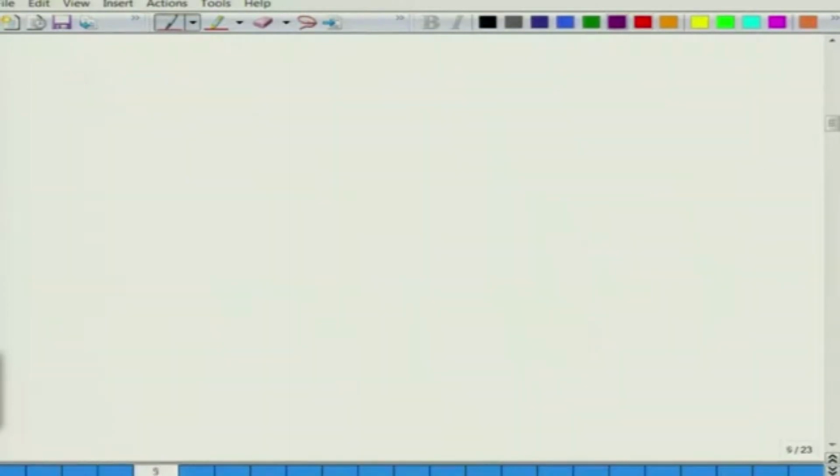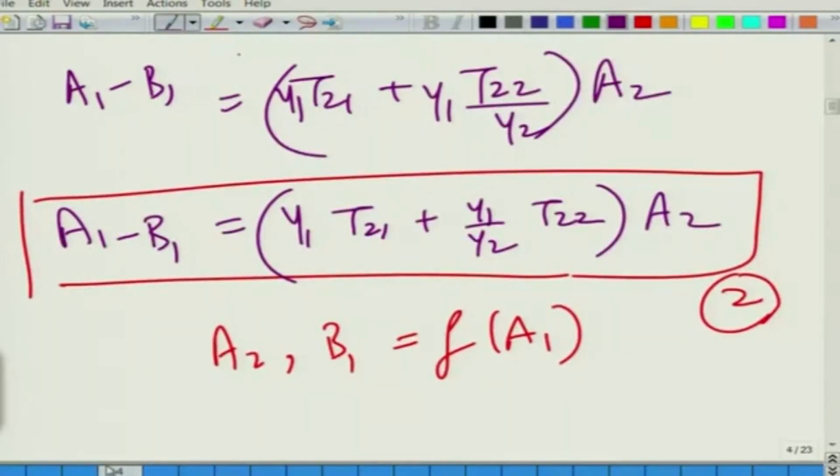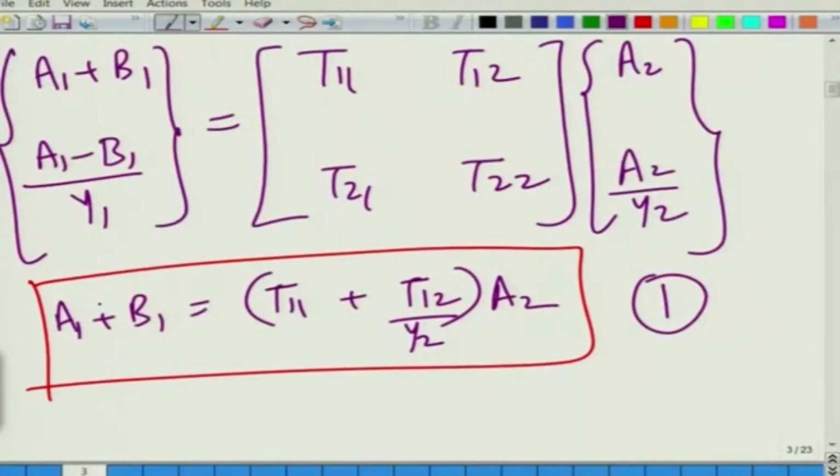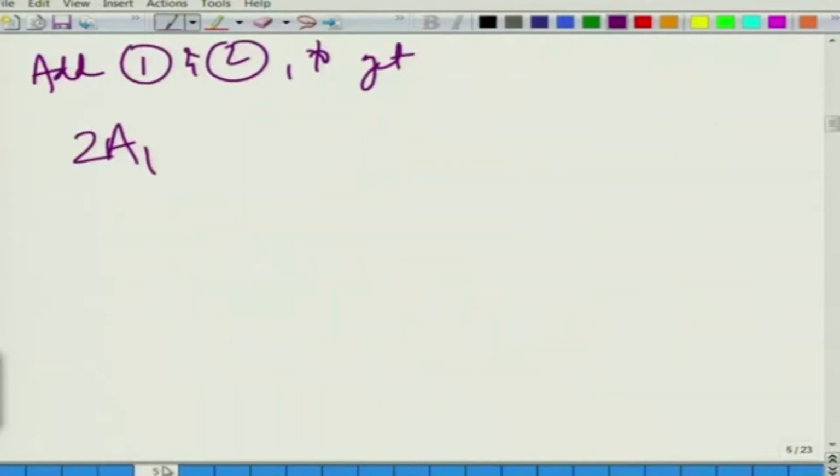It is simple: add 1 and 2 to get 2 times A1, because when you add equation 2 and equation 1, plus B1 and minus B1 get cancelled, and you are left with only A1.